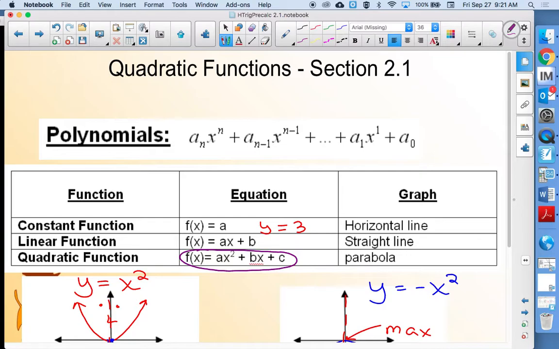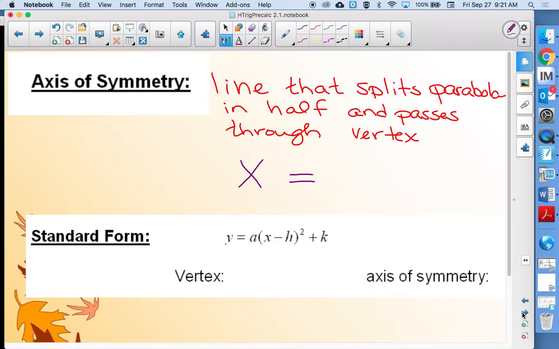The little formula. So it's negative b divided by 2a.